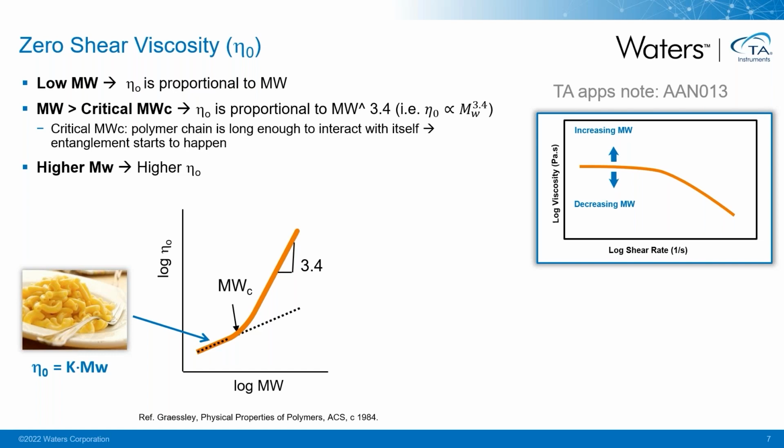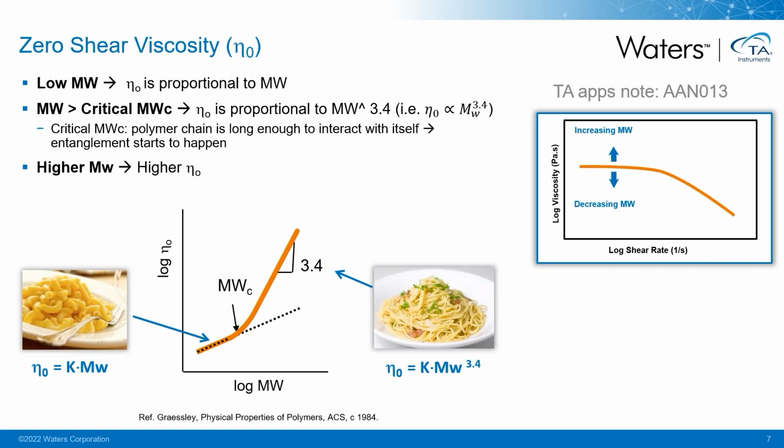Once the molecular weight exceeds a critical value, polymer chains start to entangle, so molecular mobility decreases rapidly. From this point, any further increase in molecular weight shows a much faster increase in viscosity. Therefore, we can see that the slope of this straight line increases to 3.4.